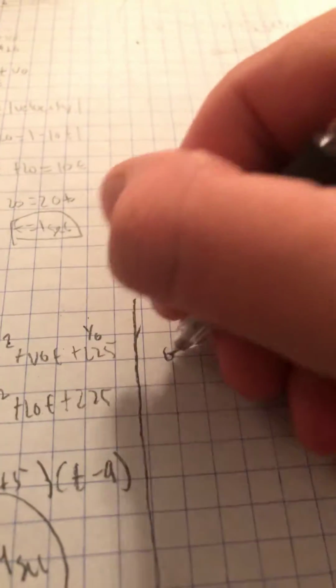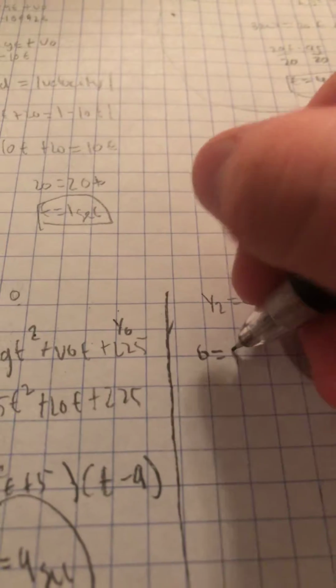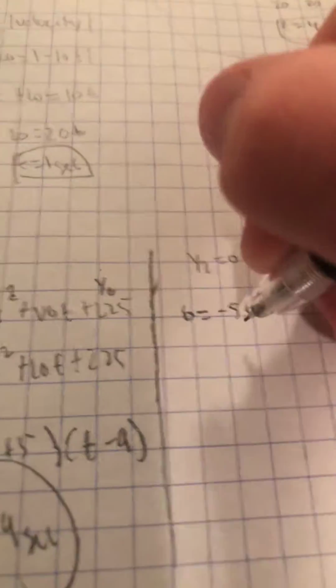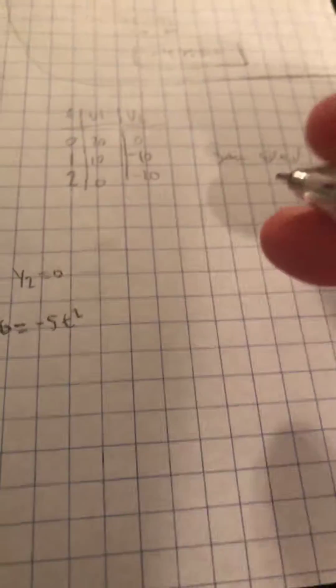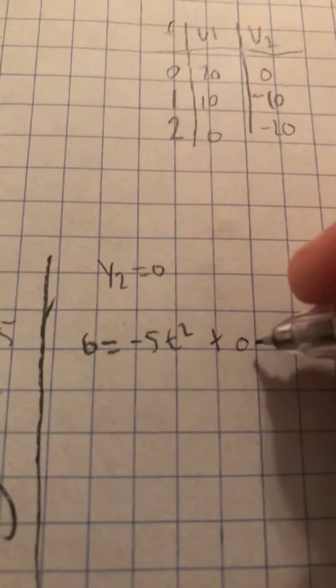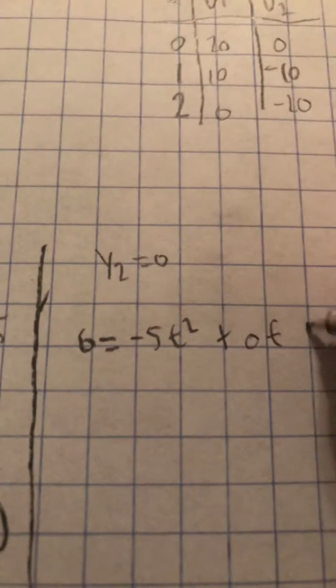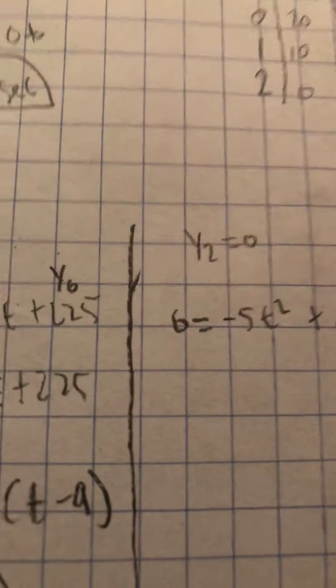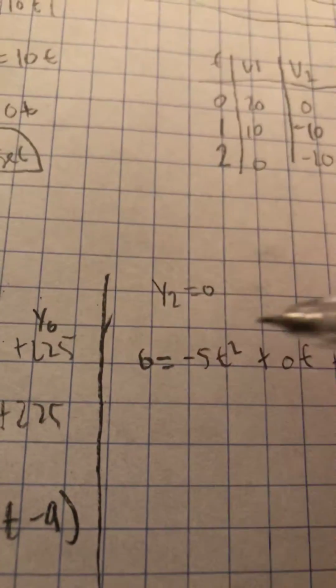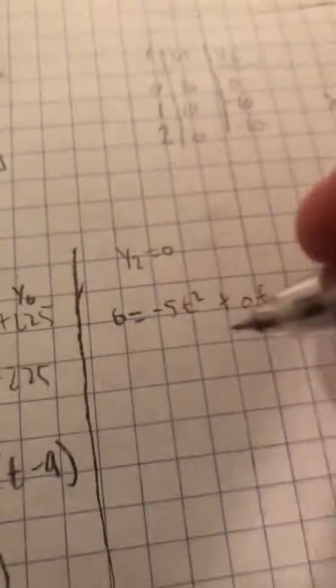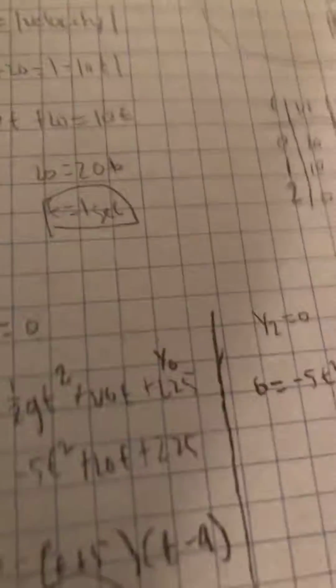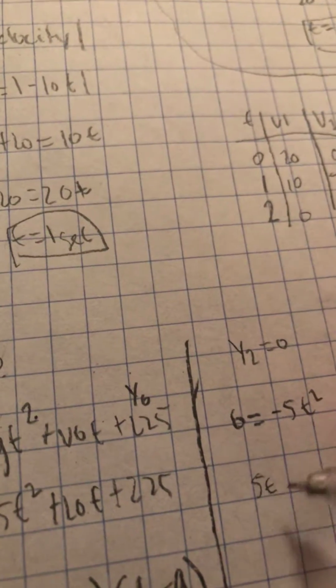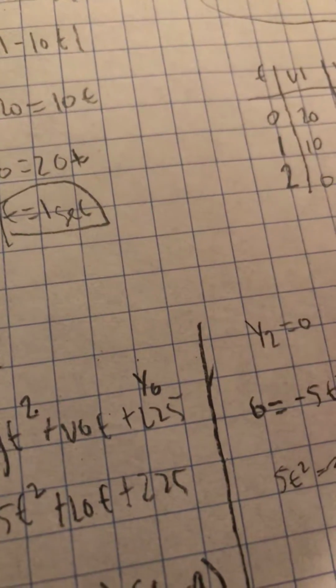So 0 is equal to negative 5t squared, just the same formula as this one, just plugging and chugging different numbers in because of the situation that the person is in. So negative 5t squared plus 0t plus 320, and then add 5t squared to both sides, so you can get a variable by itself. 5t squared is equal to 320.